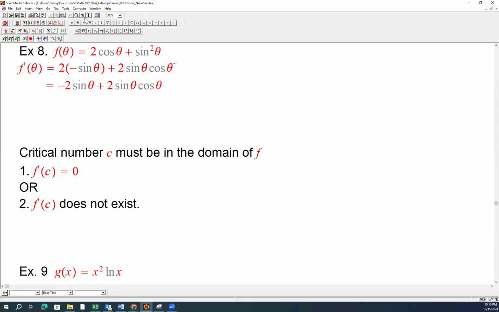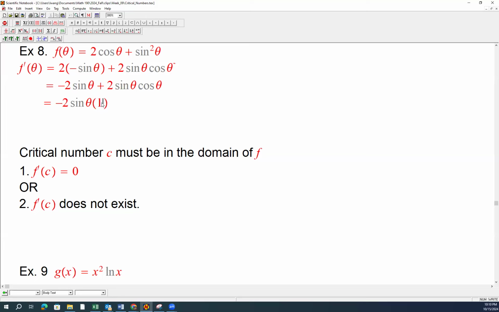So we're going to factor out negative 2 sine theta. Let me put parentheses here. So this whole piece is being factored out, right?